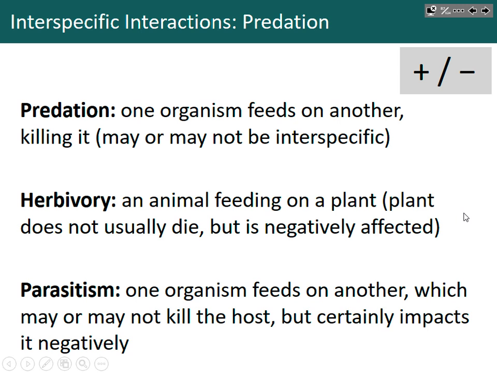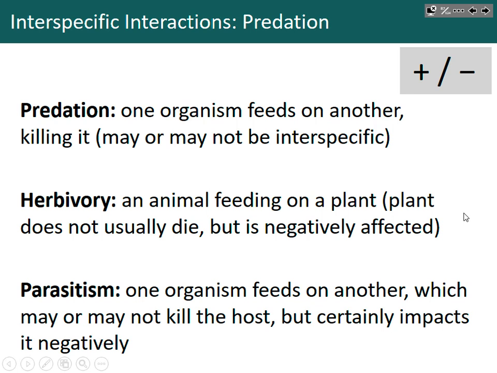So plants are typically described as herbivory, but we will use the term predation if they consume the entire plant and destroy it. Herbivory is sometimes separate from predation, how I have it here, and sometimes herbivory is kind of nested as a sub within predation.